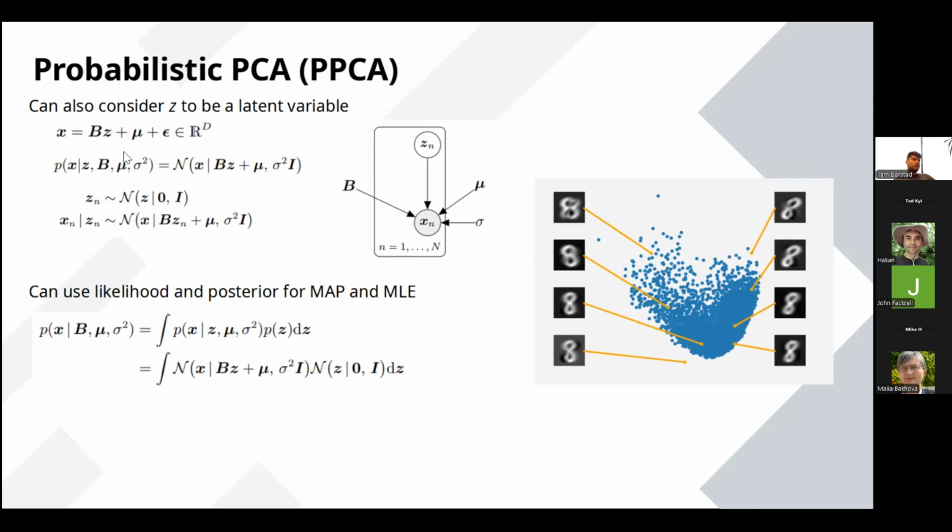We consider this encoding Z to be a latent variable, more or less. A projection into this subspace that contributes to the overall variance technically is a latent variable. Very simple sort of situation.